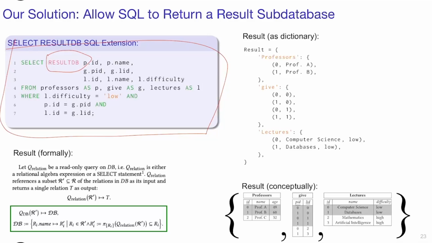So I'm mentioning 3 tables here, professors and give and lectures. So I would return 3 relations, and from each relation, I return those tuples that are part of the original result. So I don't combine those tuples like in the standard single table query statement, but I just identify the tuples that contribute somehow to my join result, but I don't force them into a new relationship, so to say.